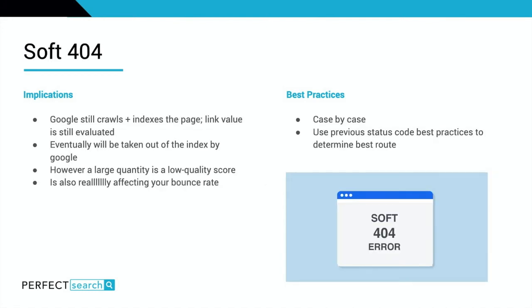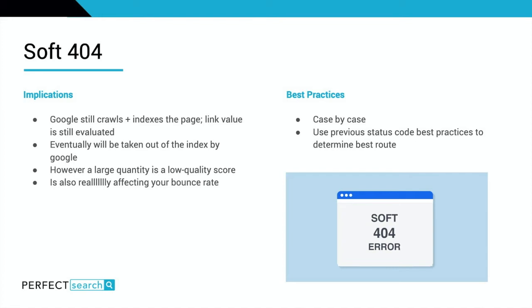So the next type of status code we'll be talking about is a soft 404. A soft 404 is a page that technically is a 200 status, but Google and other crawlers register it as a 404 because they don't see any value on the page.